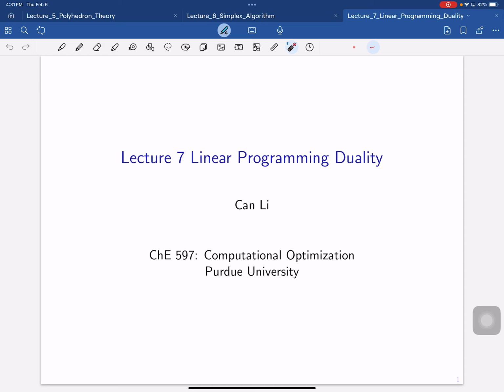Having known that, you can think about duality as a way of pricing the n active constraints. In other words, how much price are you paying to satisfy each of these n active constraints? That's what we will use to motivate duality here.